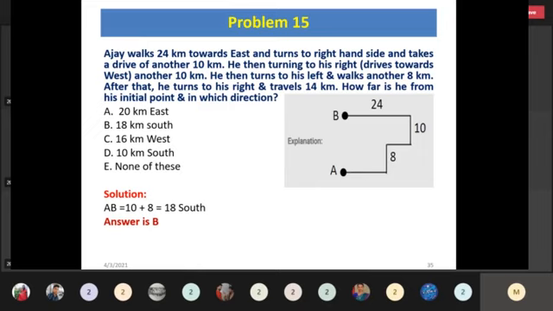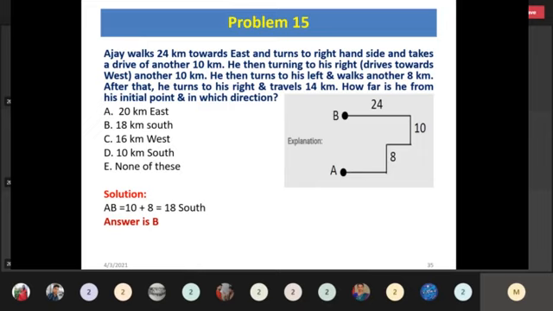After that, he turns to his right and travels 14 kilometers. How far is he from the initial point and in which direction? The options are 20 kilometers east, 18 kilometers south, 16 kilometers west, and 10 kilometers south. And the last option is none of this.